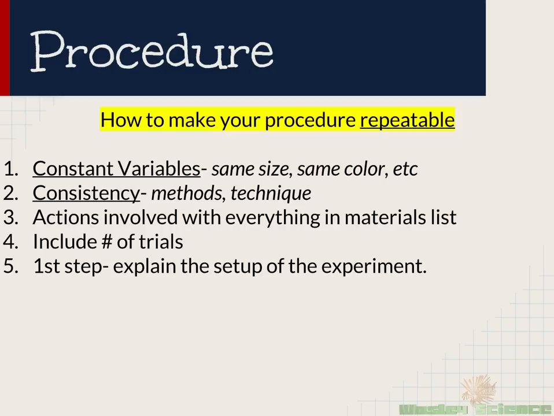You could draw a picture of the experiment and have step 1 be set materials as shown in figure 1, and you could show the certain distances on the picture and also explain it in the step itself. All these things that I just explained should really help you write a repeatable and well-written procedure.